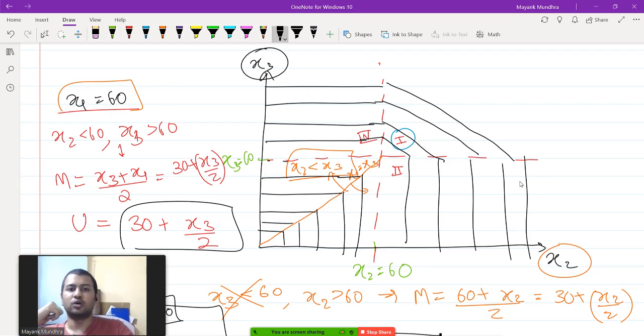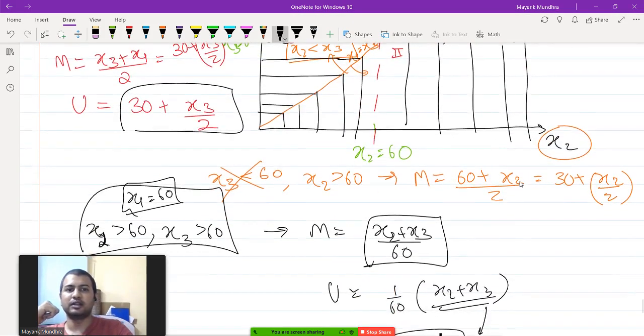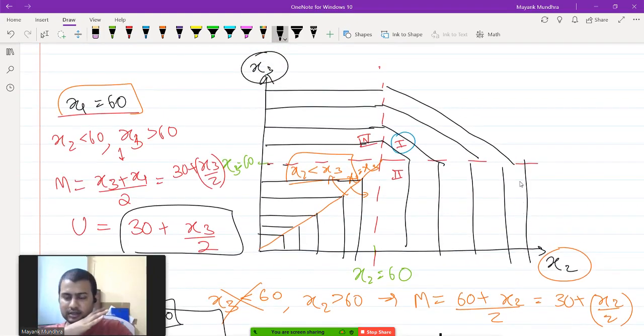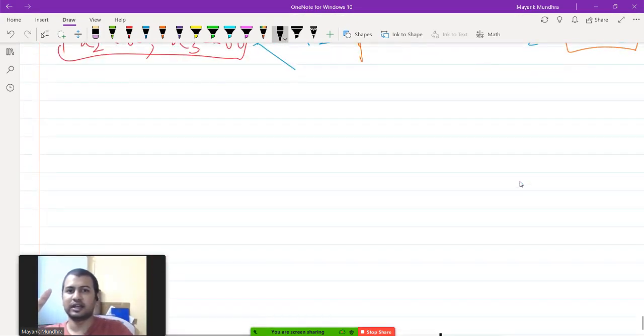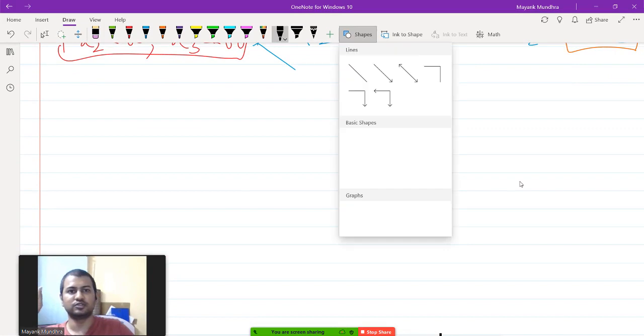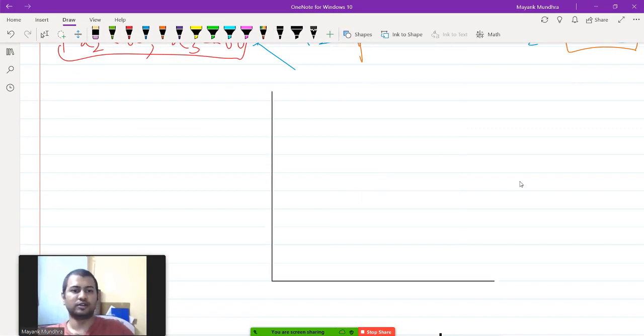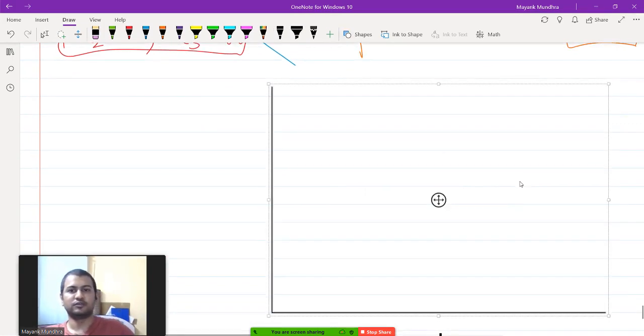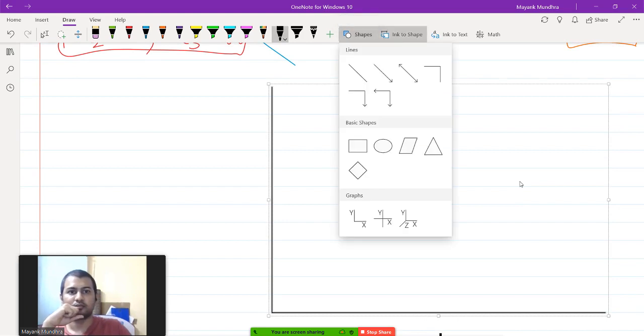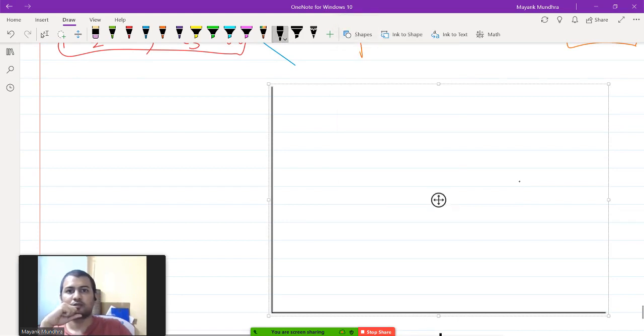So what's the bottom line? Let me just get rid of all the clutter and draw a nice clean slate. So what will the ICs look like? First of all, you need 4 regions.